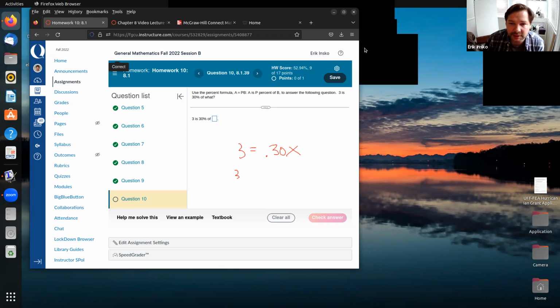Dividing by 0.30 is the same thing as multiplying by 100 over 30. And the reason for that is 0.30 is equal to 30 over 100. So if you want to get rid of this over here, you multiply by its reciprocal, 100 over 30. So really I'm multiplying both sides of the equation by 100 over 30.